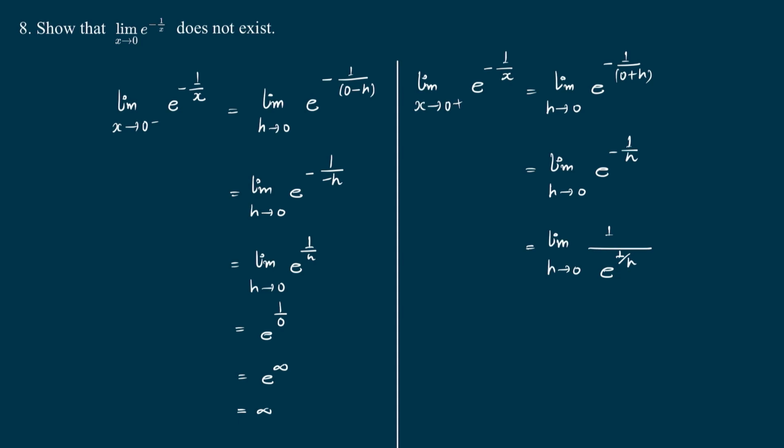Now let us put the value of h as 0, then we will have 1 by e to the power 1 by 0, and this will be equal to 1 by e to the power infinity. And since e to the power infinity is infinity, we will have 1 over infinity, and 1 over infinity is 0. Left hand limit and right hand limit are not equal, hence the given limit does not exist.